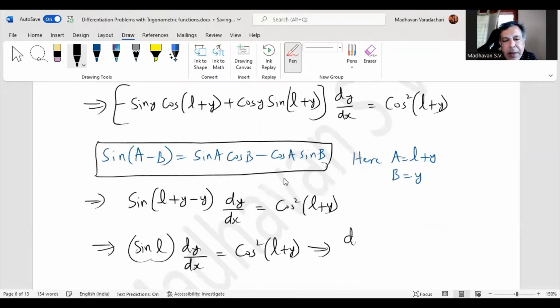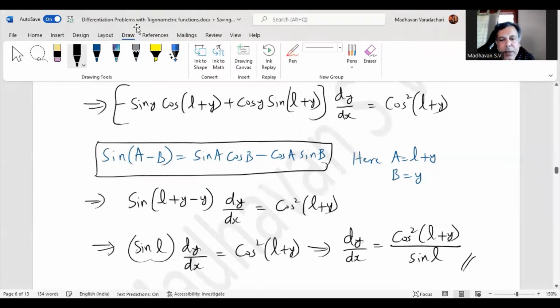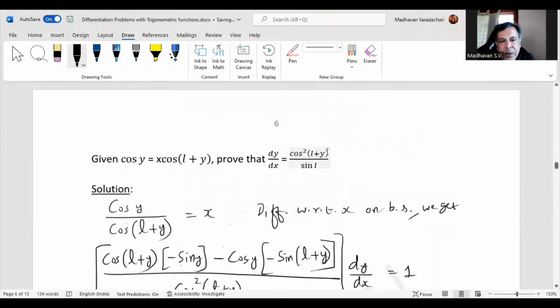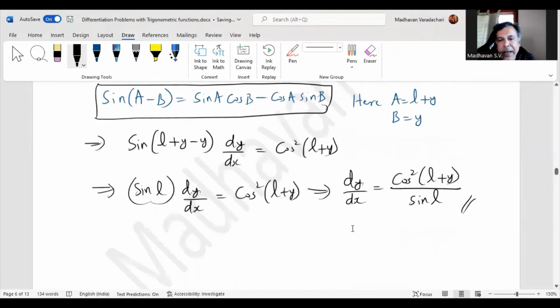That means our dy by dx will be cos square of (a plus y) divided by sin a. That is what we are supposed to prove.